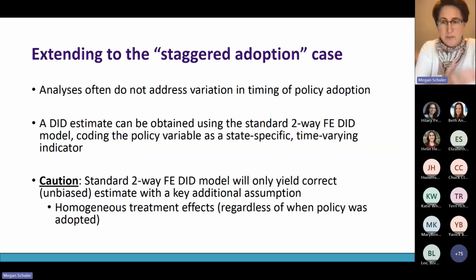It may have been much more effective at the beginning and then diminish in effectiveness multiple years after implementation. But if the magnitude of this dynamic effect is the same across states, then an event study approach can help address this type of dynamic treatment effect.